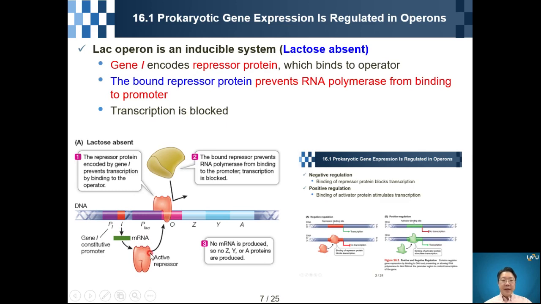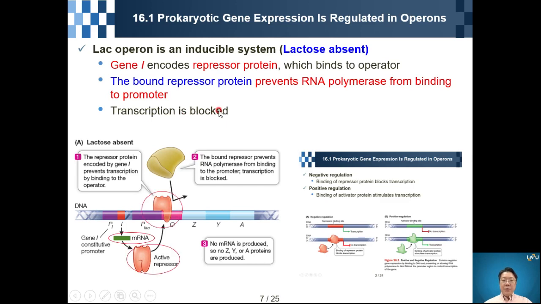This active repressor binds to the operator region. The bound repressor protein prevents RNA polymerase from binding to the promoter region. So in this case, transcription is blocked.